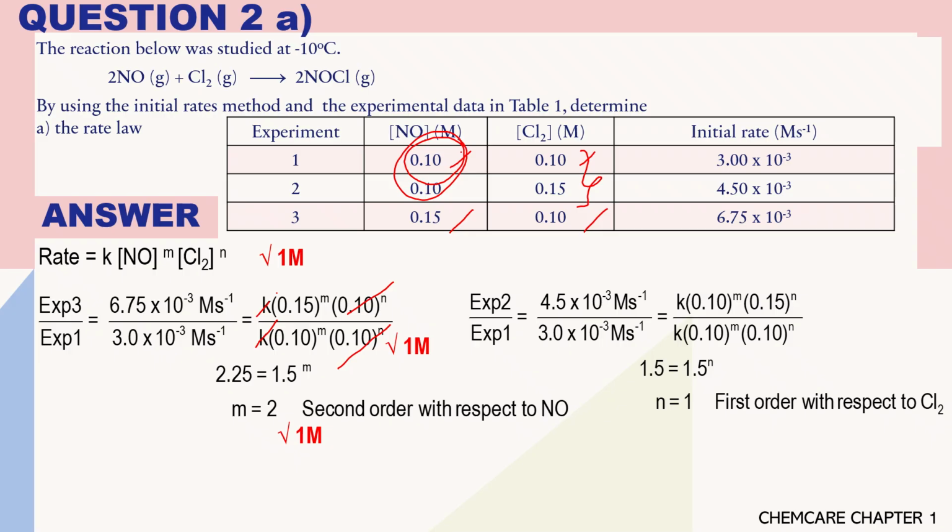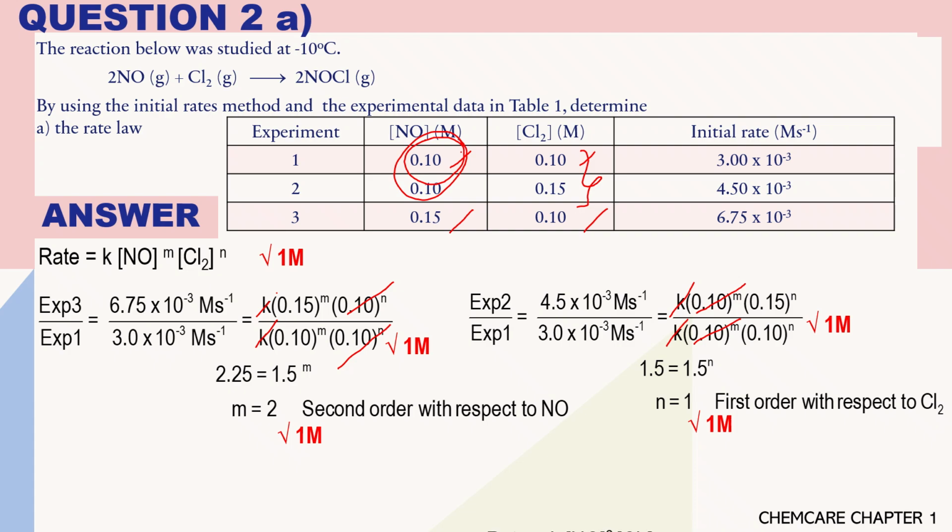Okay, so the k can cancel each other, 0.1 to the power m also cancels. So at the end we get 1.5 equals 1.5 to the power of n. So we can get n equals 1, which is first order with respect to Cl2.